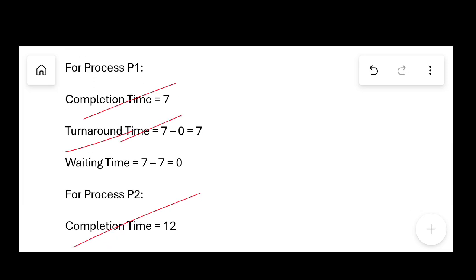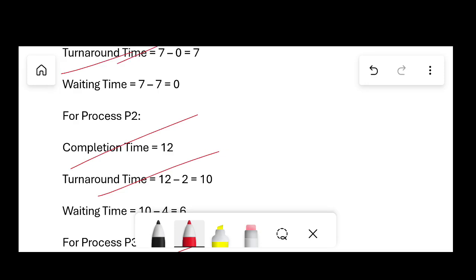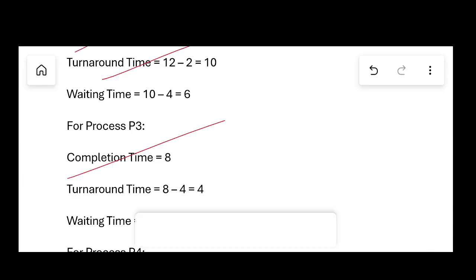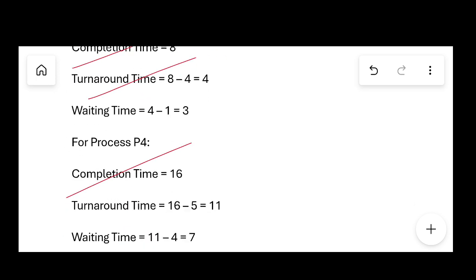For P2 it is 12 minus 2, which is 10. For P3 it is 8 minus 4, which is 4. For P4 it is 16 minus 5, which is 11.